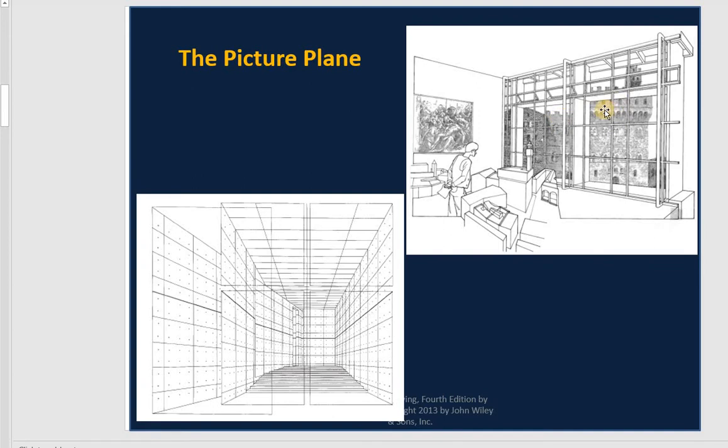The building outside, you can see that it has 3D, but everything you see right here on the window is 2D. So that's why you call it the picture plane. Same thing with this one. When you see the frame right here, if you look from here to the end of the building, that's the depth of the building. But now in front of you, it's just the surface like this. So this one you call the picture plane.